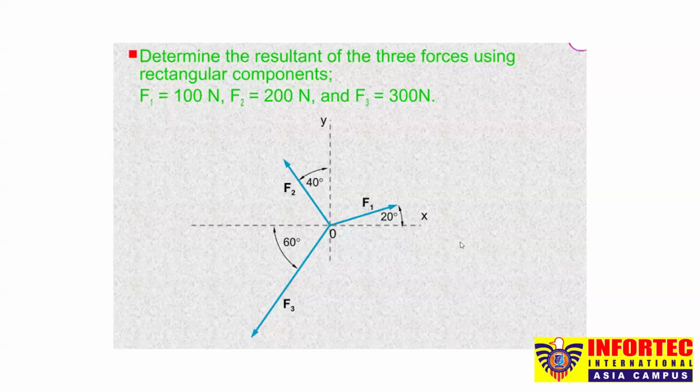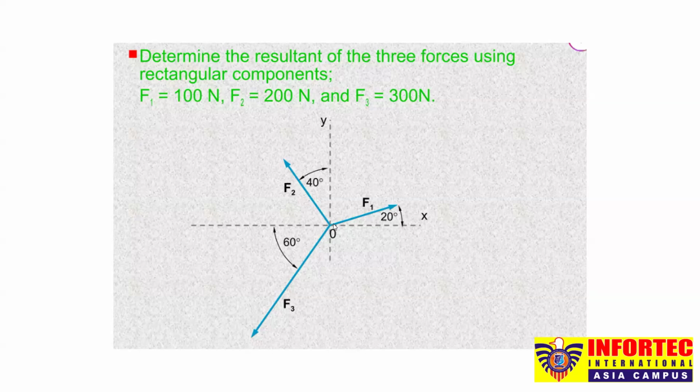F1 is given as 100, F2 is 200 and F3 is 300, and the given angles define the direction. F1 makes an angle of 20 degrees with the x-axis or horizontal axis, F2 makes an angle of 40 degrees with the y-axis, and F3 makes an angle of 60 degrees on the negative side of the x-axis, right? F3 is 300 Newton.